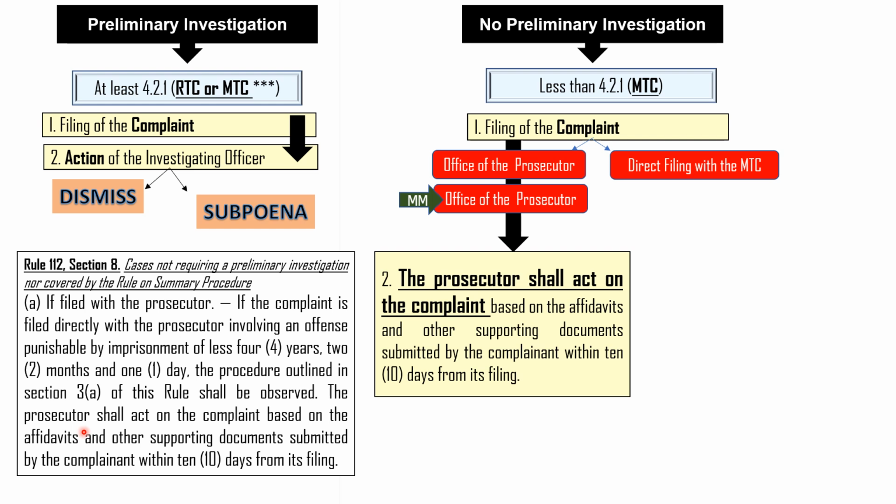But the prosecutor shall act on the complaint based on the affidavits and other supporting documents submitted by the complainant within 10 days from its filing. So you will now see the difference here, that investigating officer can issue a subpoena, but here in a case which does not require a PI, immediately the prosecutor can prepare the information.